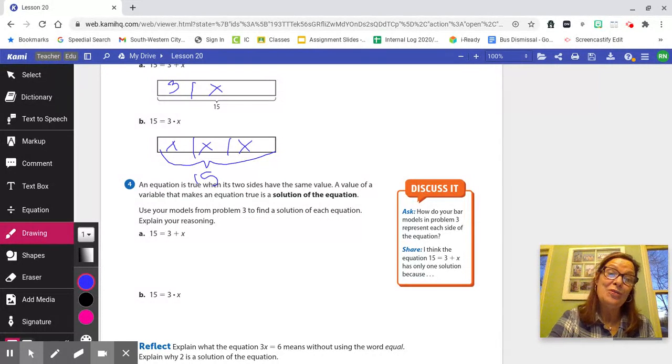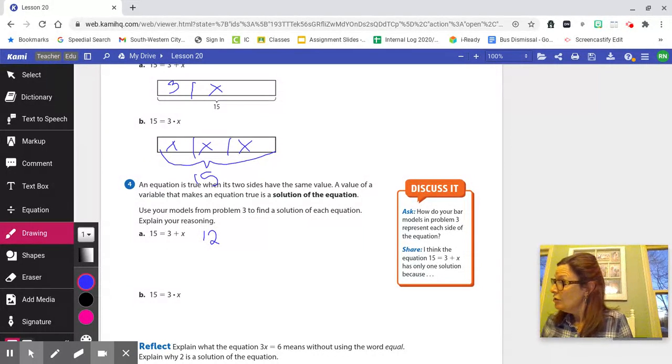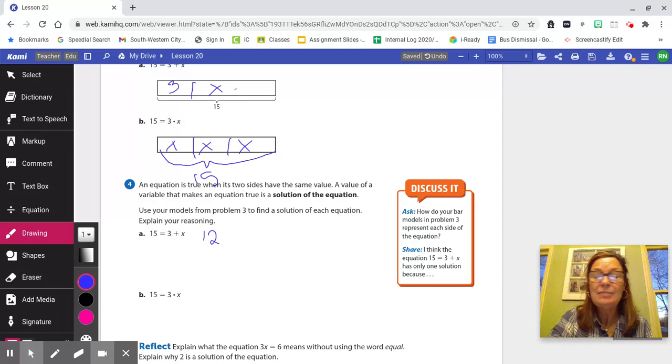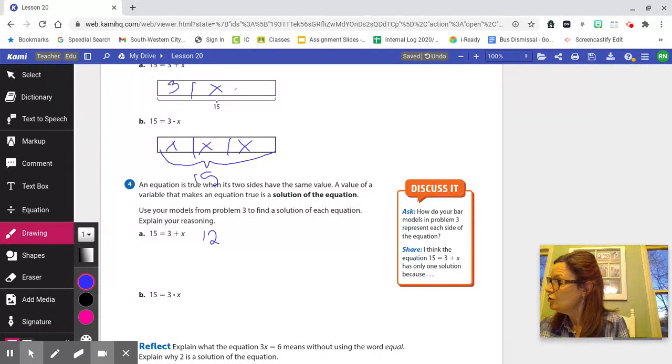Hopefully you know that the answer should be 12, because the model showed 15, and we took 3 away, I would have 12 left. So my model shows that x is equal to 15 minus 3, or 12.